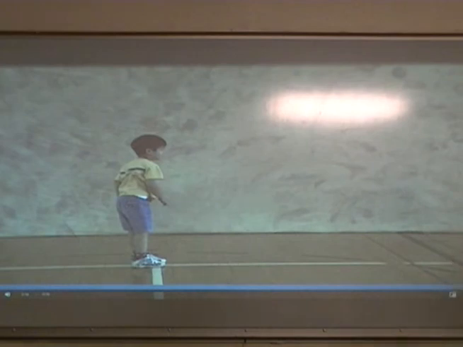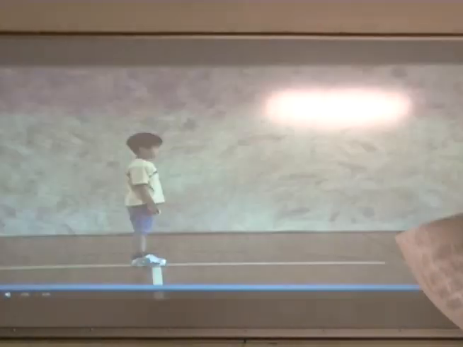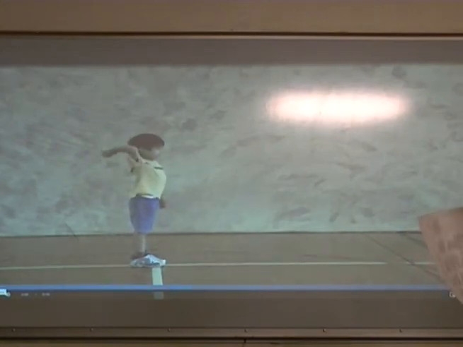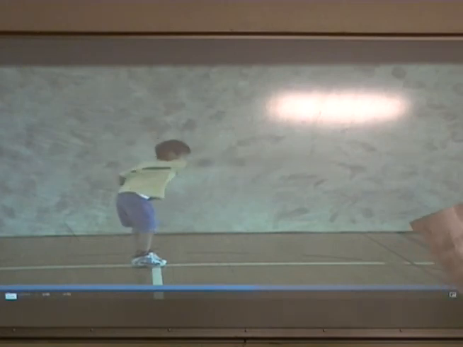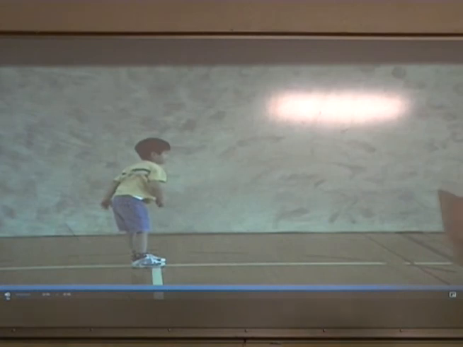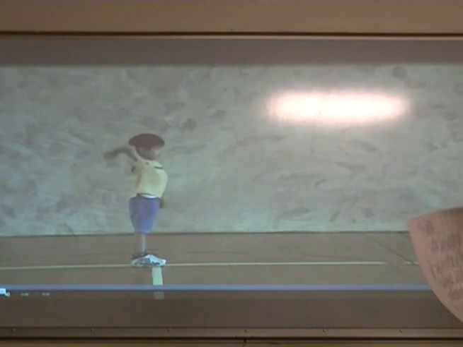His feet do not move at all, but watch his arms carefully and look at the arm action on stage 3. Right? So I think I see follow through.